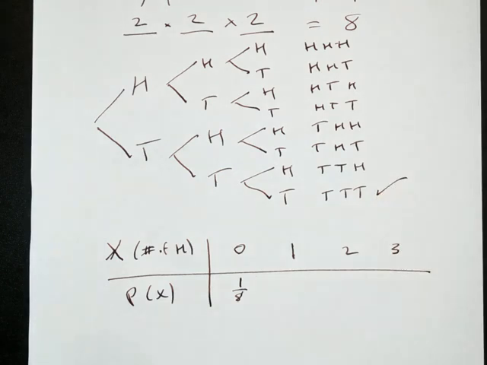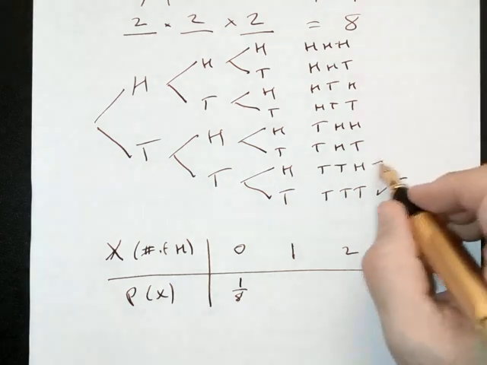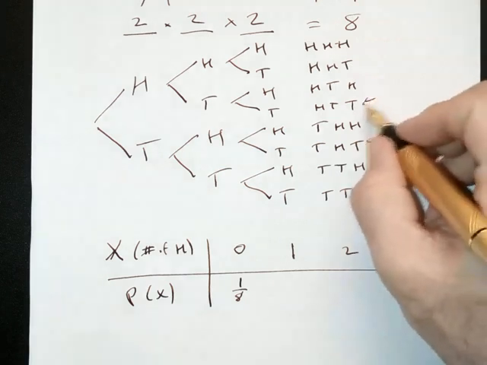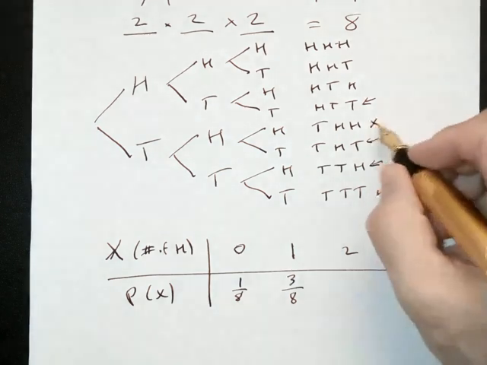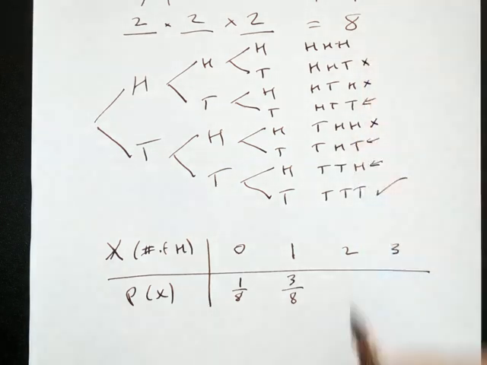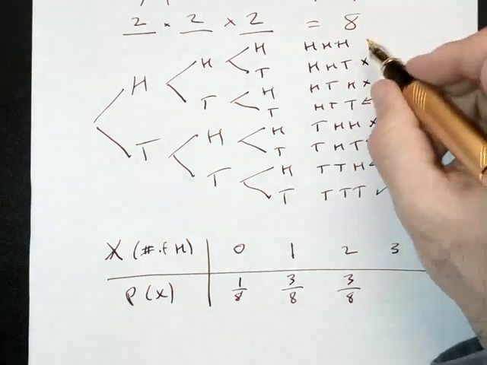How many have exactly 1? I got 3 of them. 1 here, 1 here, 1 here, out of 8. How many have 2? And only 1 of them.